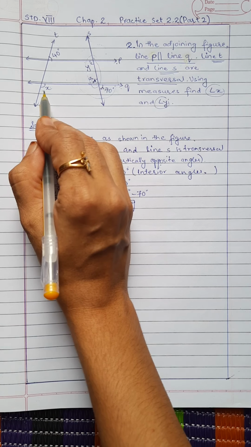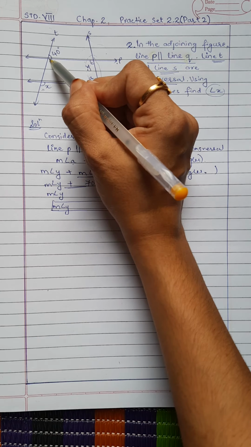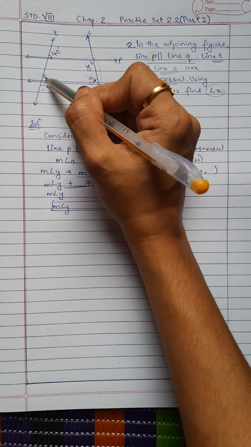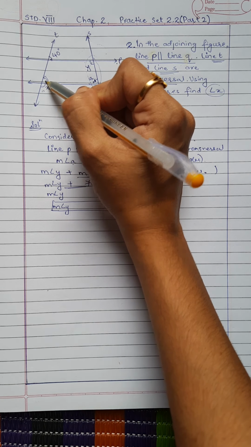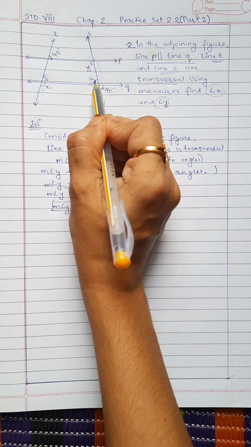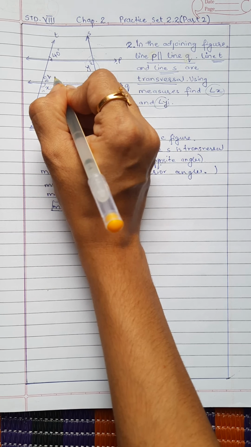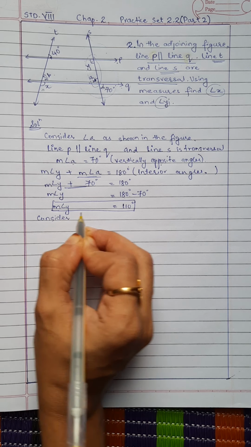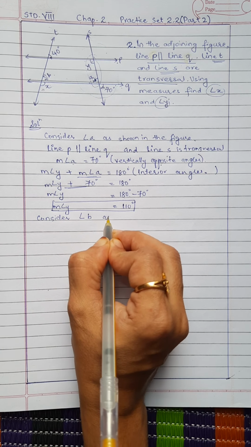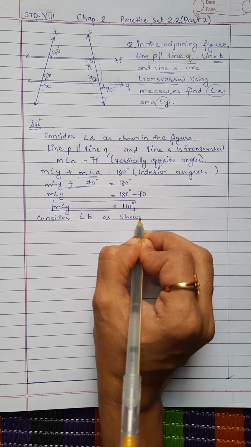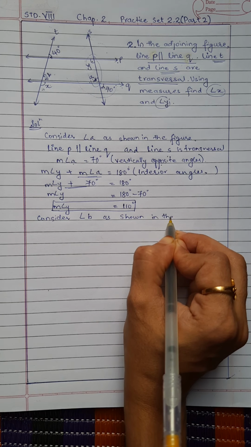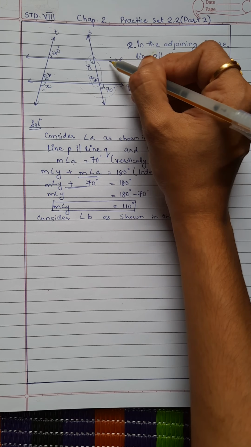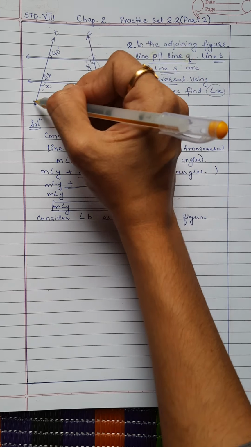Now for measure of angle X, you can see this is 40 degree. This will also be 40 degree as these are a pair of corresponding angles. So name it first. As we have named it as A, name it B. Write the same here. Consider angle B as shown in the figure. Now these two lines are parallel and T is transversal.